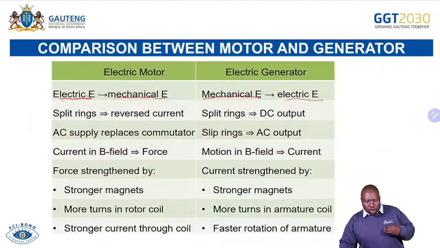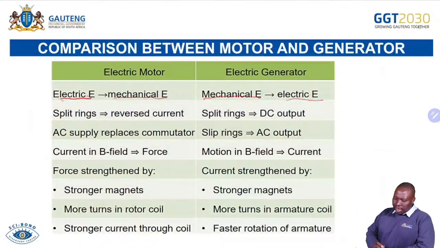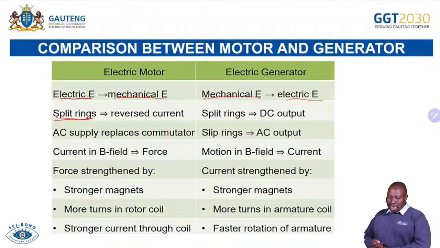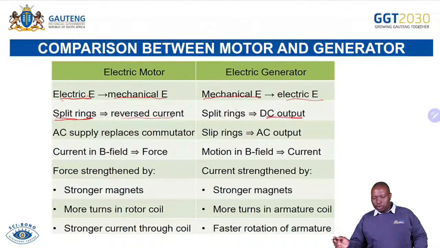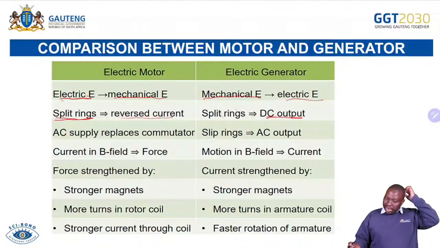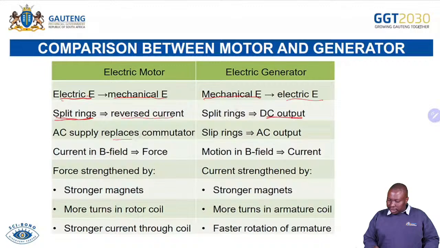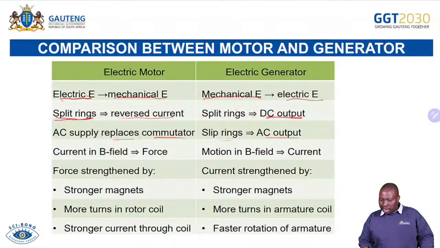Now, in a motor, split rings have to do with DC. They use the split rings for reversing the current, split rings for DC output. So you know, split rings, DC. In a generator, AC supplies replace the commutator, and we're saying slip rings, AC output.